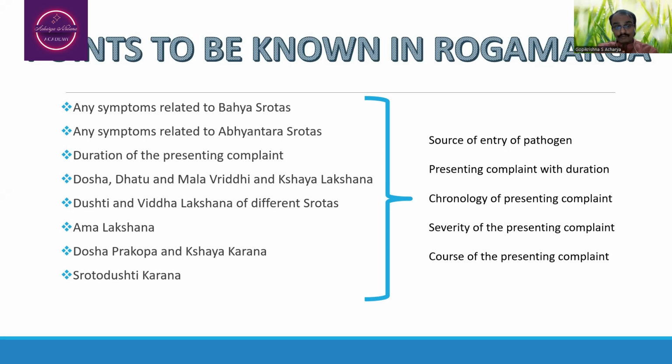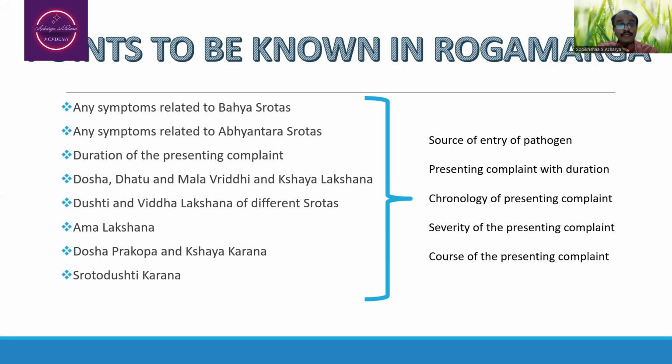What is the duration of the presenting complaint? Suppose the person is having any kind of discomfort, first of all you need to know for how long the person has had that discomfort. Based on that, we have to analyze whether any dosha affliction or dhatu or mala affliction can be observed. That has to be known.